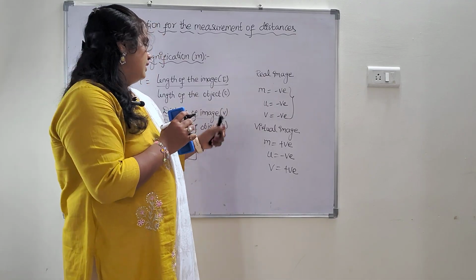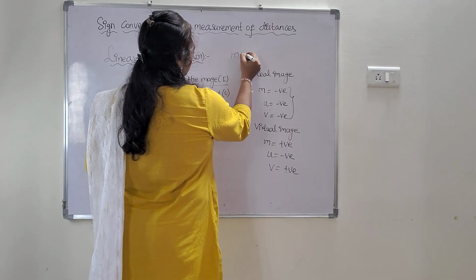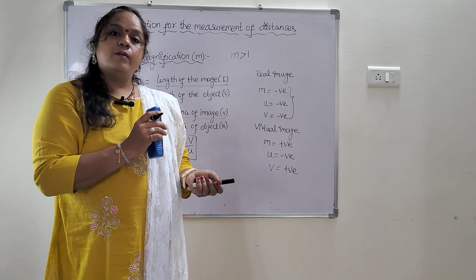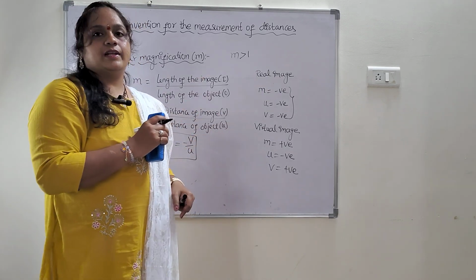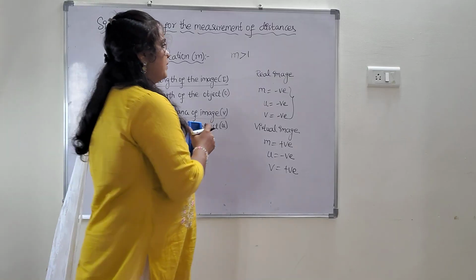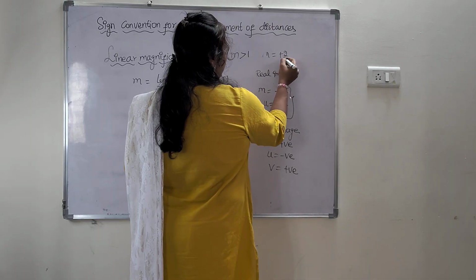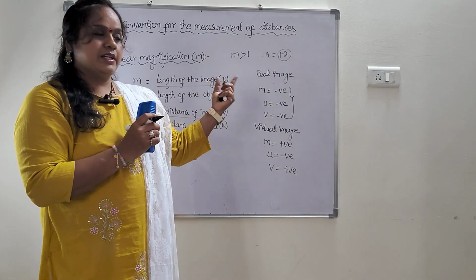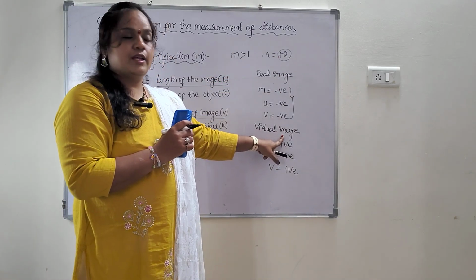Understood? And coming to magnification, if it is less than 1, it is going to form diminished images only. But if it is greater than 1, for example magnification is +2, it is going to form virtual, erect and magnified images. Why? Because magnification positive means virtual image.